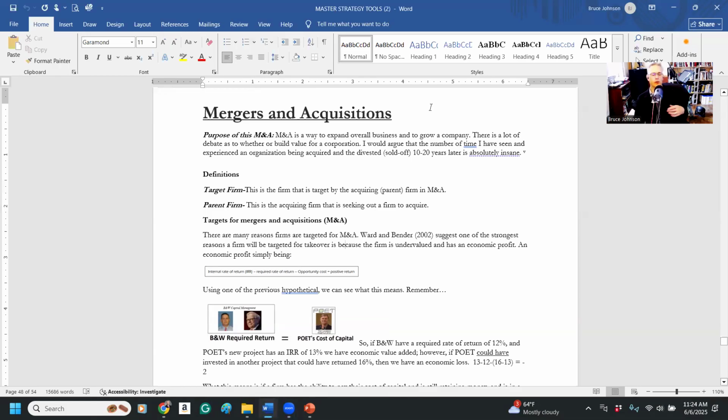All right, so the last section in this master strategy tools material talks a little bit about mergers and acquisitions, but it as much gets into understanding fundamentally this whole strategy and finance and business strategy, and putting all this together.